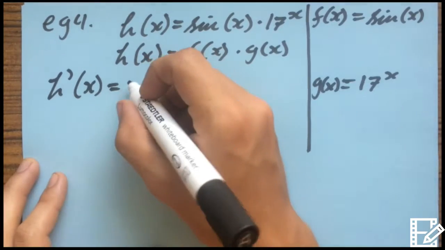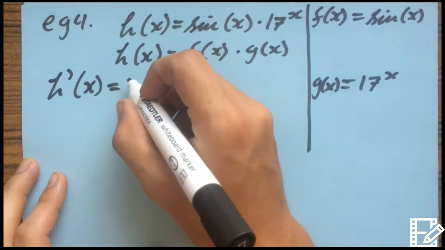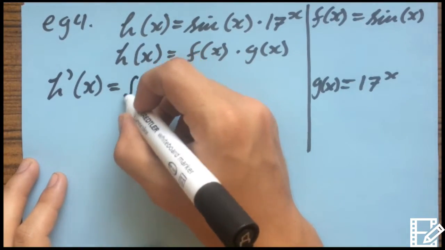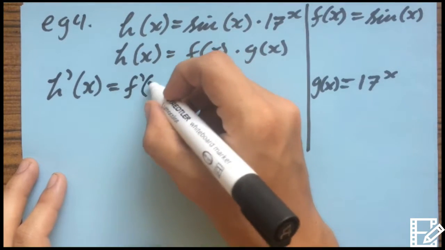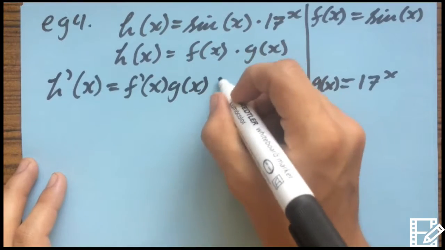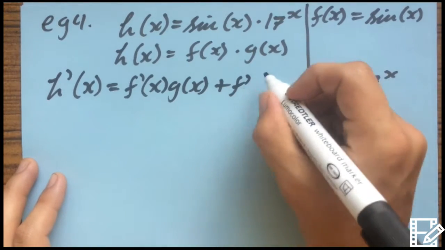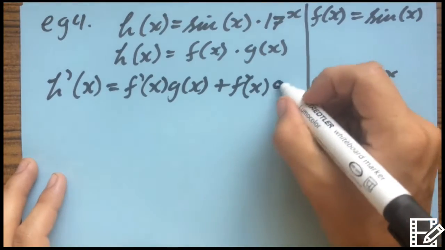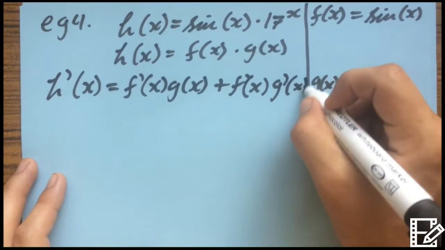write out the formula or the equation for the product rule. First derivative is f dash x multiplied by g(x) plus f(x) multiplied by g dash x.